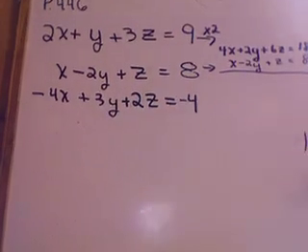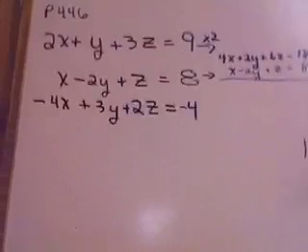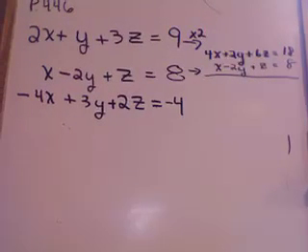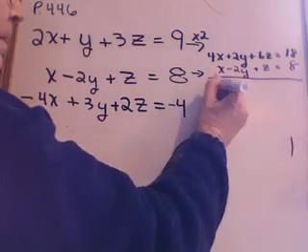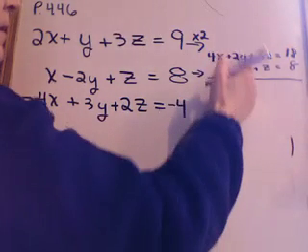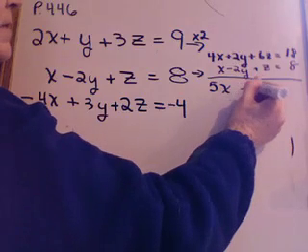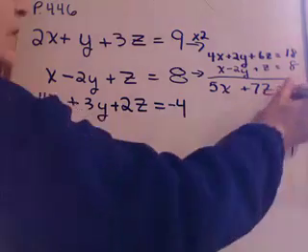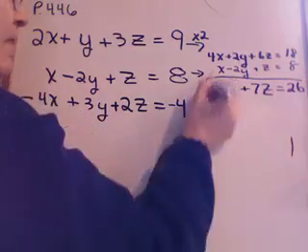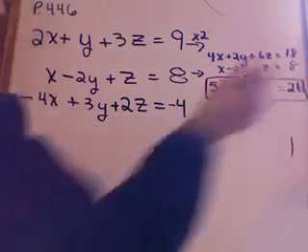Can you see that? Let's adjust it just a little bit. All right, so I'm going to add the two equations together. 5x, no y there, plus 7z equals 26. And that's a good equation, so I box it off and I'm going to save it.